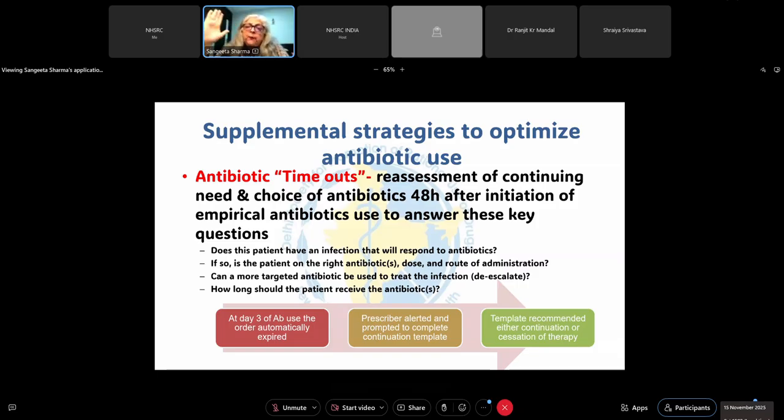They stop these broad spectrum antibiotics after 48 to 72 hours, unless the consultant reviews the patient and writes whether this broad spectrum antibiotic should be continued or not.